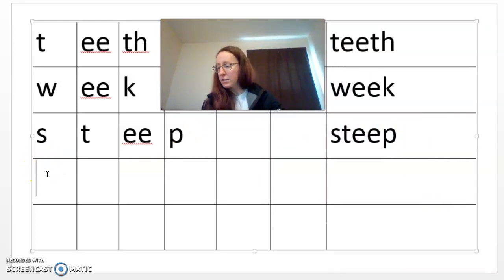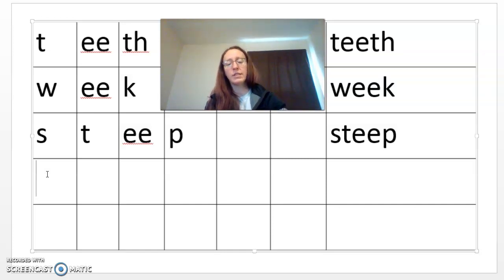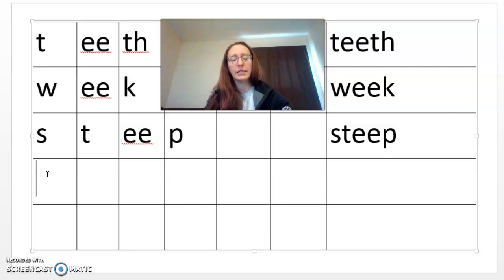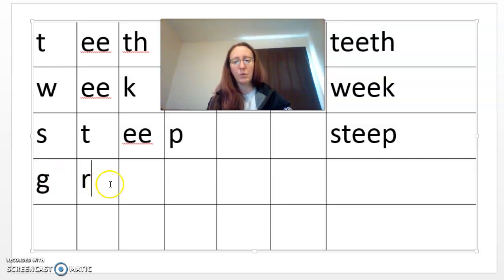Let's see. Next word. Say greet. Greet. Tap greet. G-R-E-E-T. There are 4 sounds in greet. Let's say the sounds as we write the letters. G, R, E, T. E-E, 2 letters.